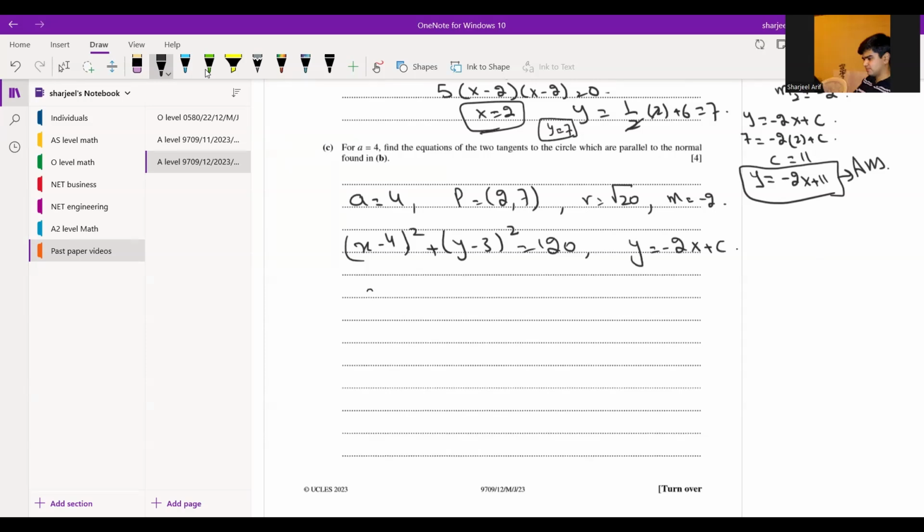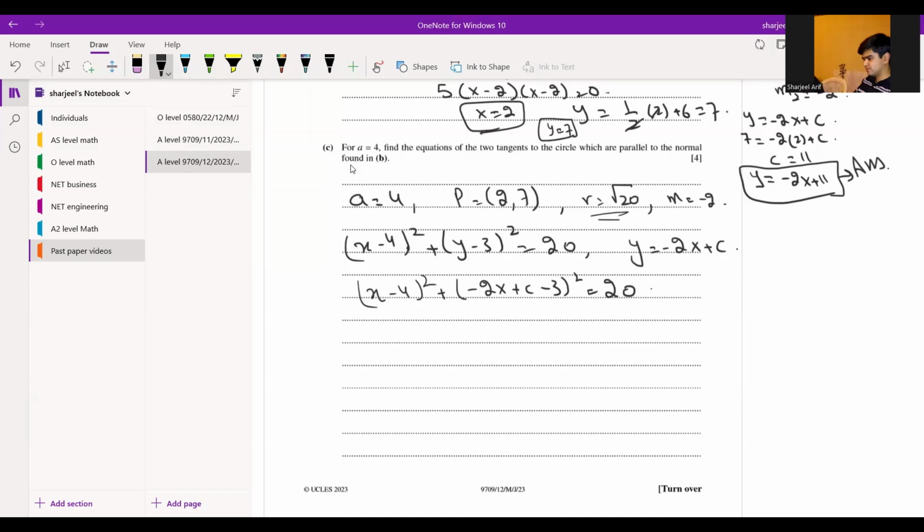We will substitute the value of y in the equation. (y - 3) whole squared equal to 20. Sorry, it's 20 only, not 120, because it's equal to r squared and r is root 20.